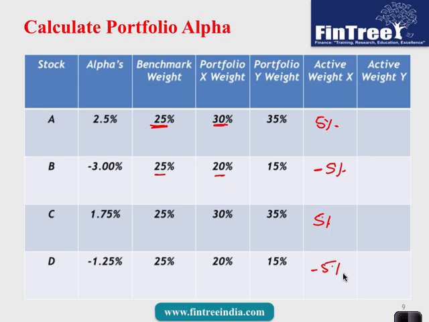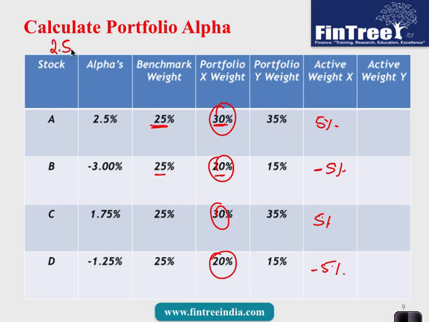Now let us calculate the alpha of portfolio X. Alpha of portfolio X we can calculate in two possible ways. First, we can use these weights and calculate a weighted average.